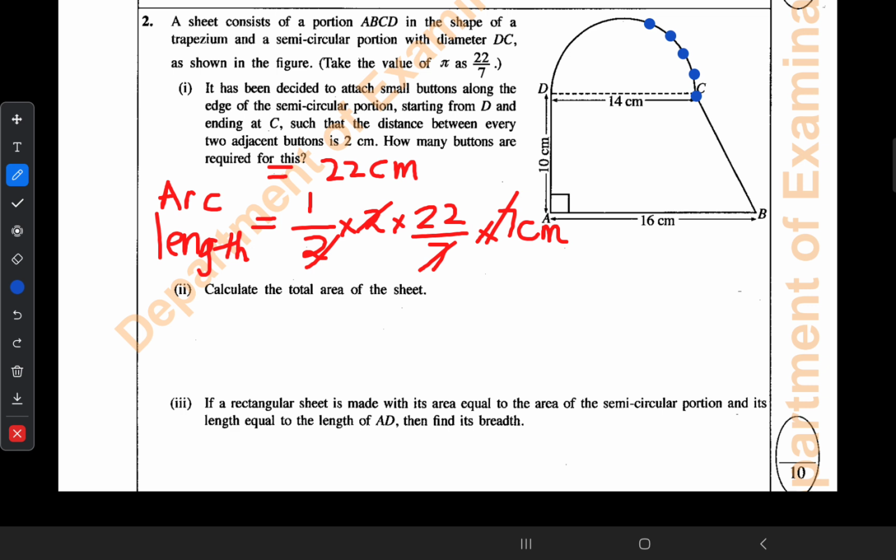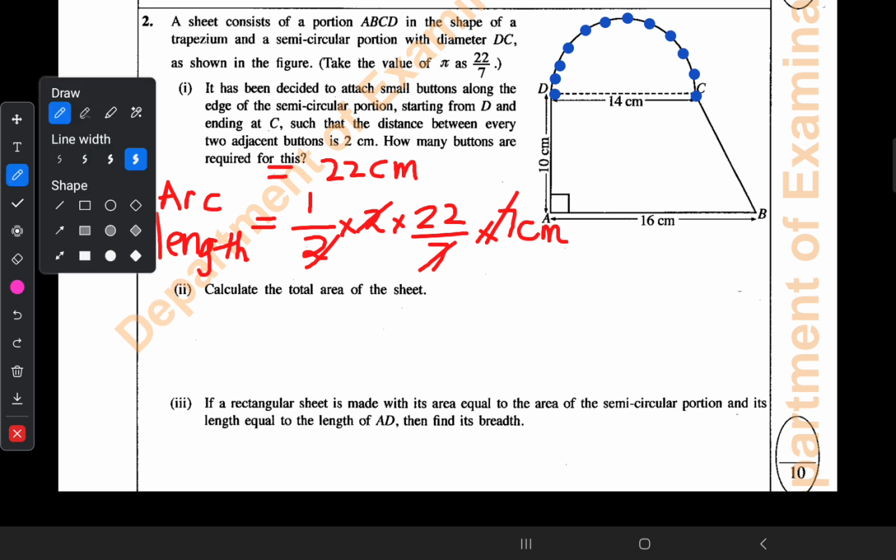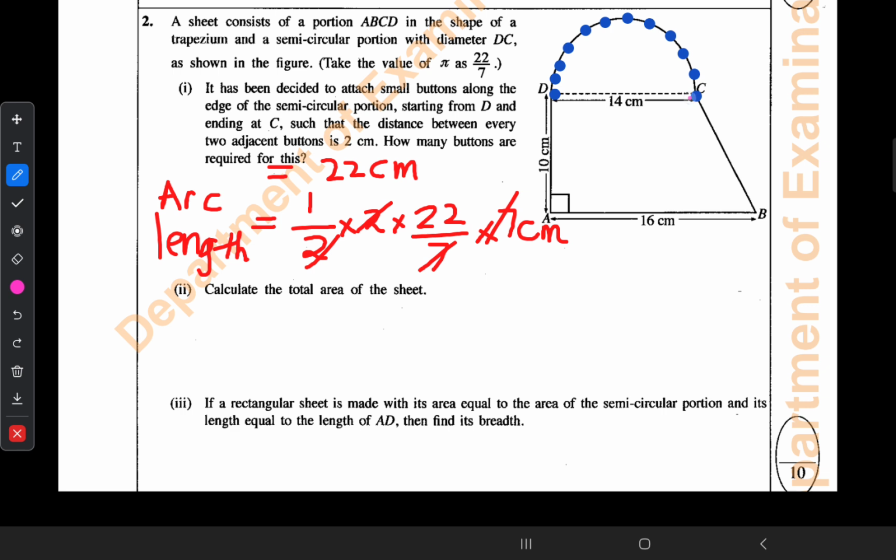At C you should place a button as well, starting from D and ending at C. You have to count how many buttons we can place: 1, 2, 3, 4, 5, 6, 7, 8, 9, 10, 11, 12.